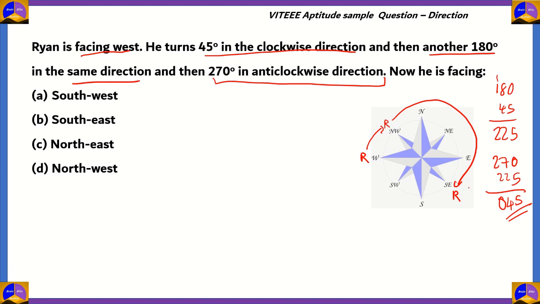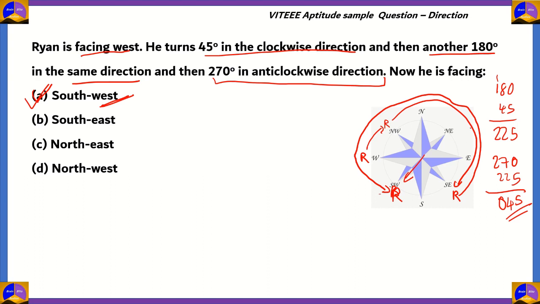anti-clockwise from west. So from southeast, he would turn and turn and turn, and he'd reach west. That's 225. Then he turned another 45 degrees. That would place him facing the southwest direction. So therefore, the correct option is option A, southwest.